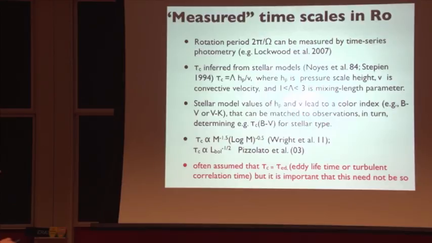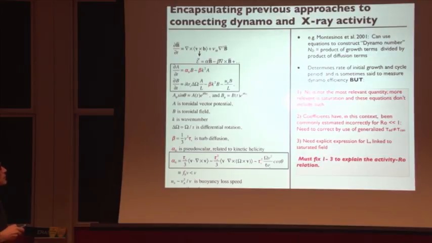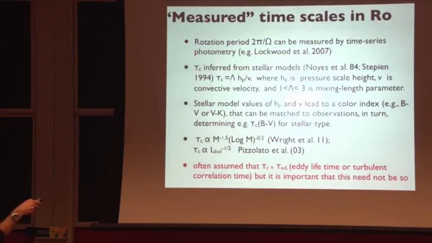The first thing is the measured timescales in the Rossby number, which the question over there was asked about. The rotation period, it's commonly assumed, you can measure, and that's no problem, by time series photometry. And in fact, the good samples are using actual spot periods, not V sin i, so that's removed from those. But the convection time scale, τ_c, is inferred from stellar models.